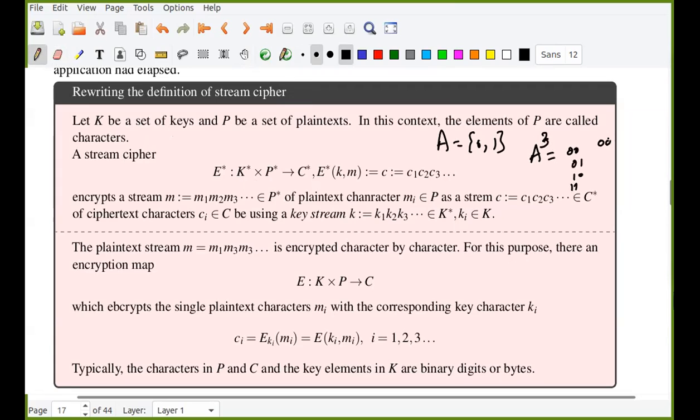A cube is 000, 001, and so on, 8 of them will come. But A star is of any arbitrary length. A star contains 0, 1, 01, 10, all length 2, all length 3, all length 4, all possible. That is what A star means. Are you clear?